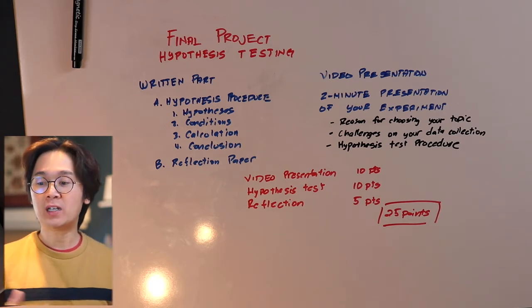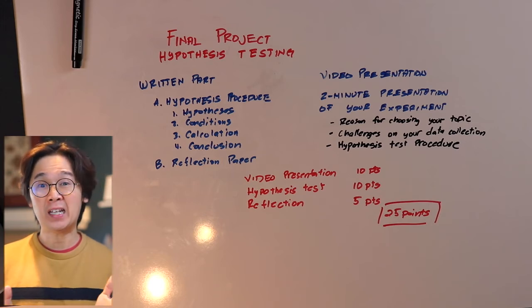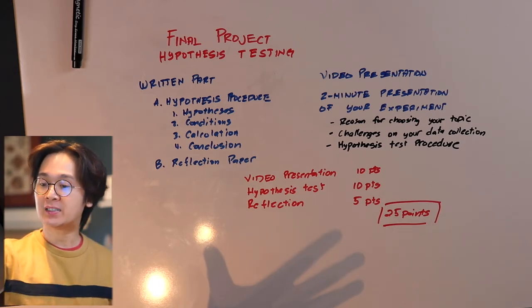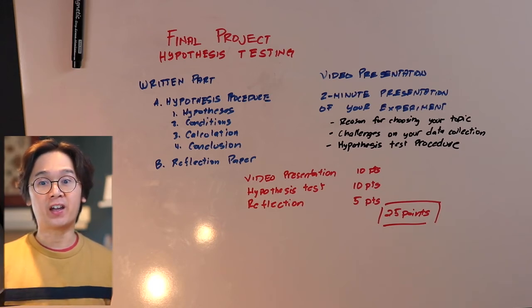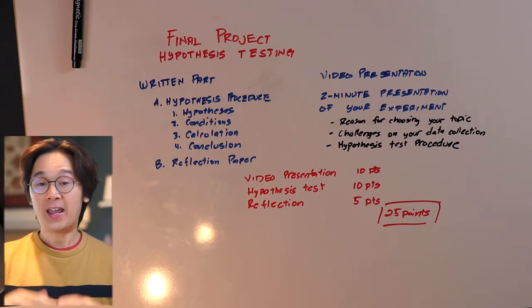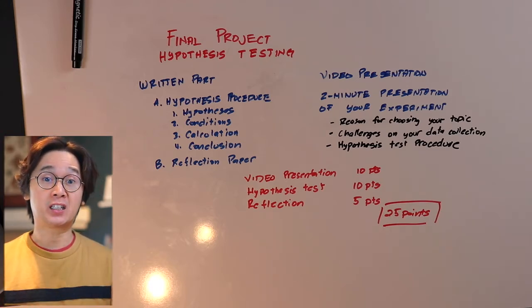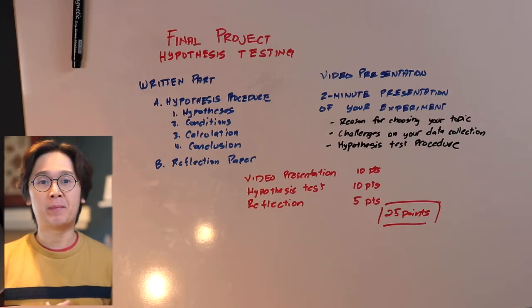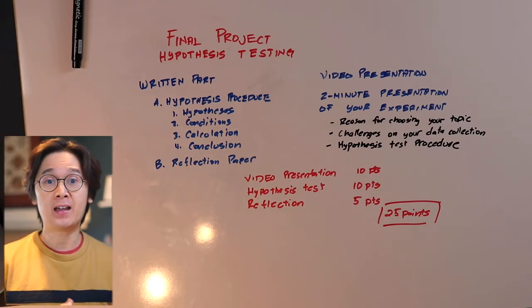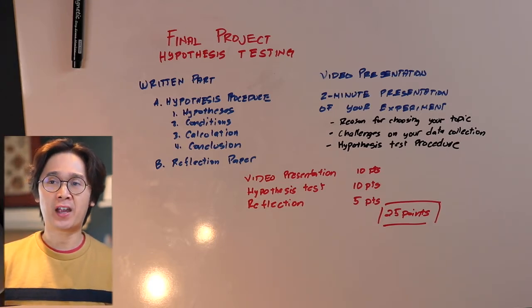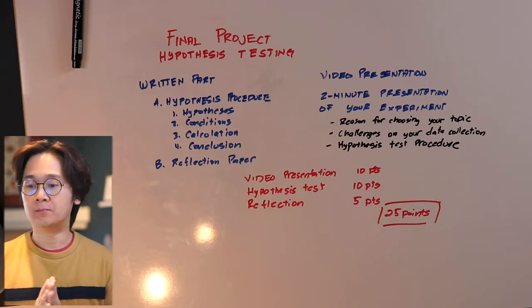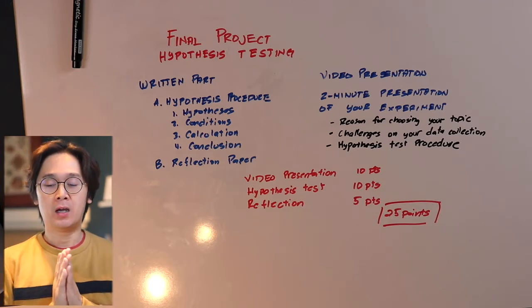And for the video presentation, the minimum is 2 minutes. If you go over, it's okay, but this is basically what I'm looking for in your video presentation. You need to make sure that you are explaining your hypothesis test procedure clearly, and you can also talk about the challenges that you experienced in collecting your data. And I'm also interested to find out why you chose that particular topic in our final exam project.